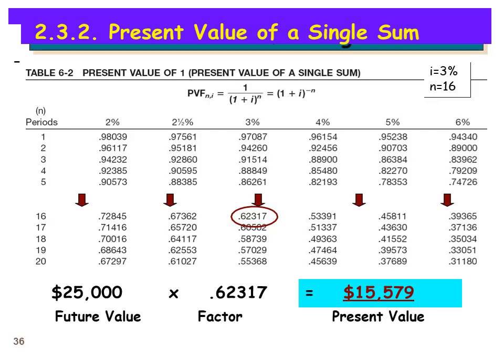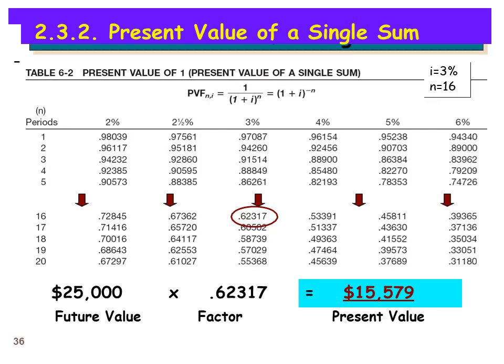For example, present value equal to future value over 1 plus r to the power of n. That is, our future value is 25,000 over 1 plus 0.03 to the power of 16.